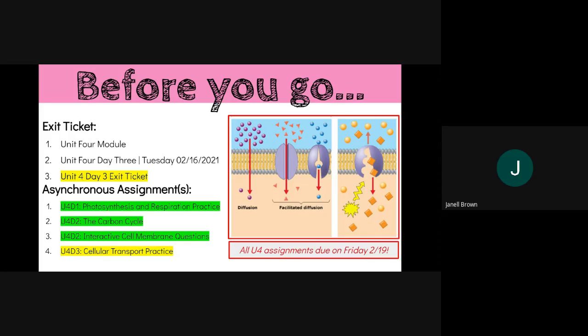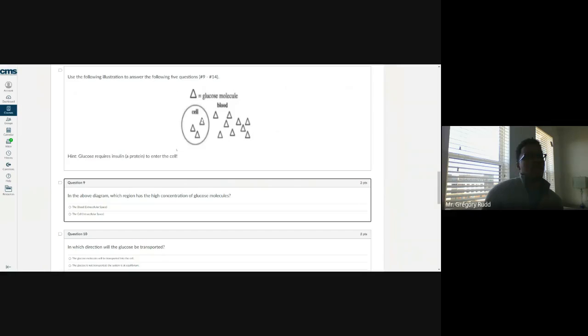Okay. So, what are you not understanding about it? All of the triangles look the same. Yeah, they look the same because they are the same. So they all represent glucose.